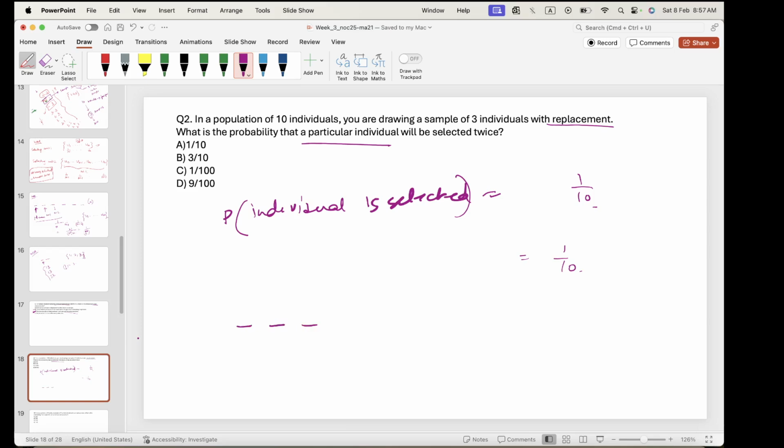If the probability of selecting a particular individual twice, he is selected once with probability 1 by 10, again with probability 1 by 10, and then the third individual that is selected could be selected in 9 out of 10 ways, because I am just selecting this individual twice. This will be 9 by 10.